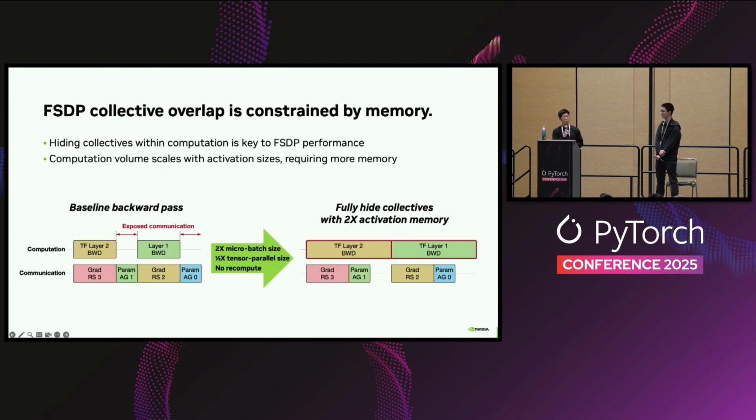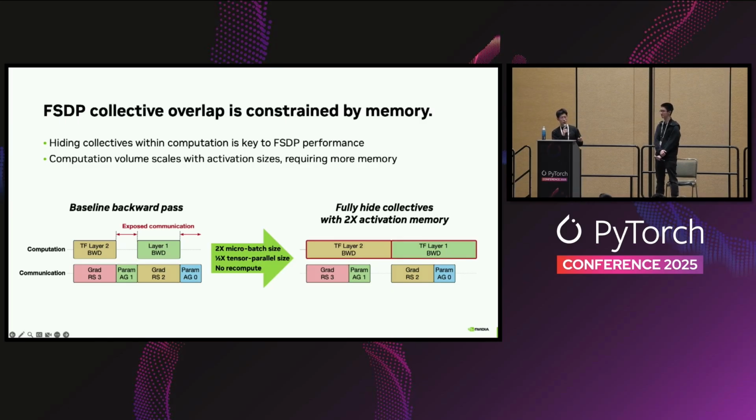Another problem we look at is the large memory need for hiding the FSDP communication. The model of FSDP is basically hiding all this communication under computation. But this is ideal; not all the time it actually happens. In reality, you can see what's shown in the bottom left.